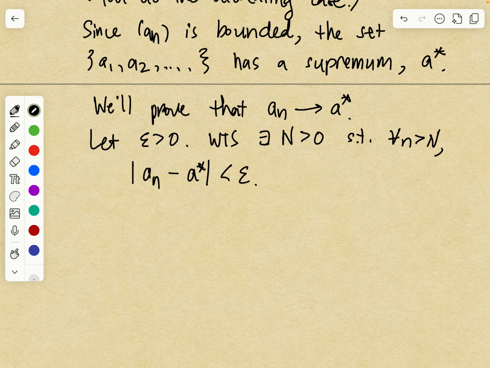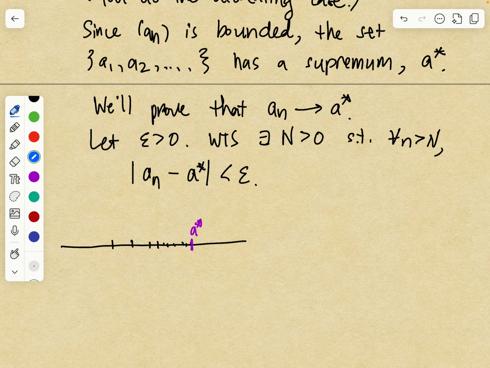Well, so let's draw a little picture. So you have some sequence that's increasing and it's bounded. And the idea is that we want to show that the sequence converges to the supremum. And we have some epsilon neighborhood.